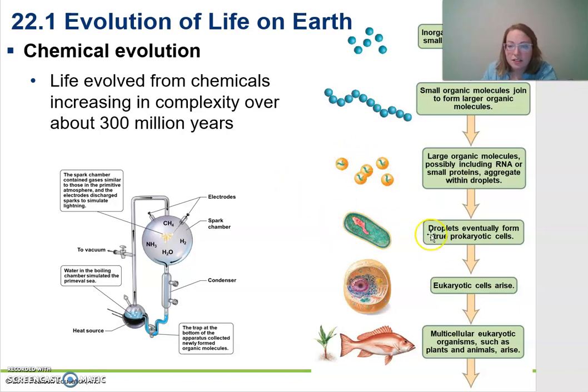We get true prokaryotic cells like bacteria, and then those cells get more complex. The DNA is enclosed in a nucleus and you've got membrane-bound organelles, so you've got a eukaryotic cell, and then multicellular organisms.